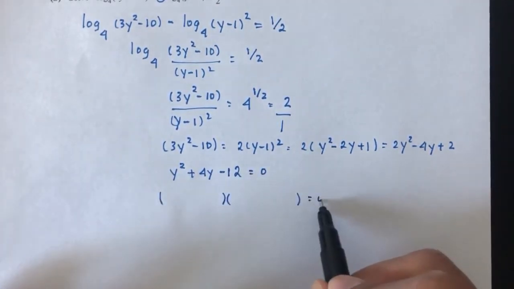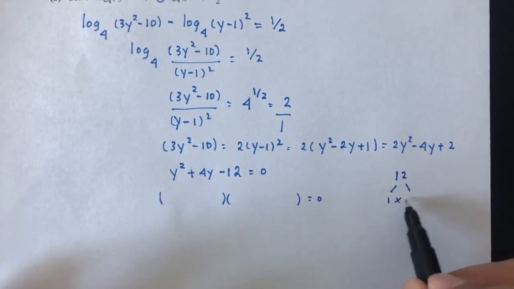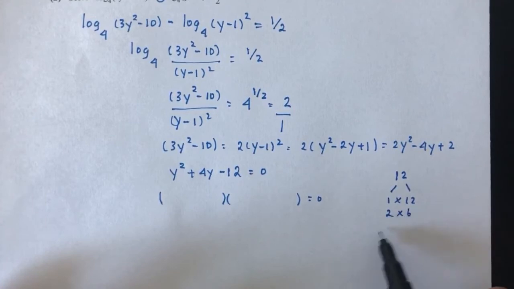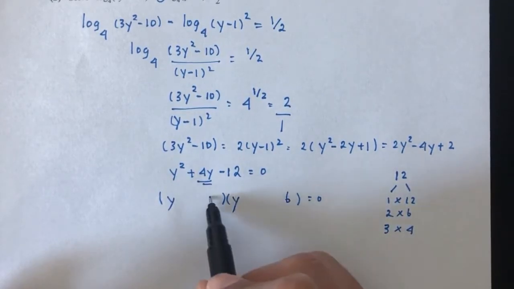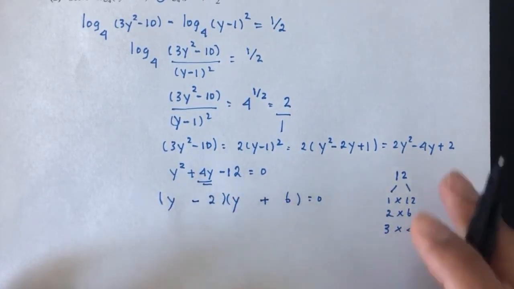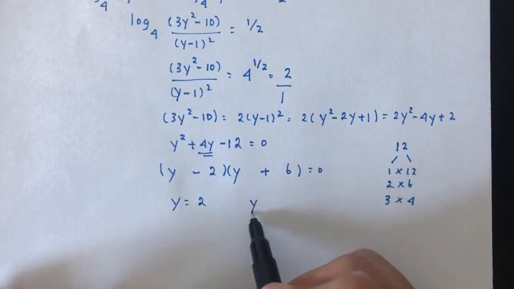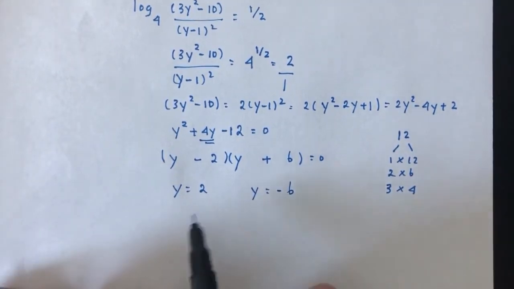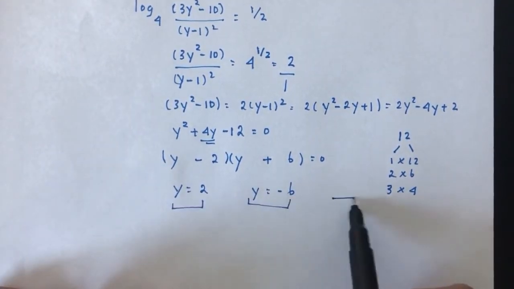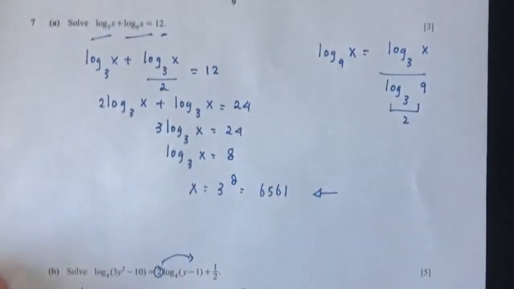So here we have a few options. 12 is 1 times 12, 2 times 6, and 3 times 4. For us to get plus 4, we have only one choice, 6 and 2. So it's plus 6 minus 2. So y equal to 2, y equal to minus 6. These will be the two options for your answer. That will be question number 7.